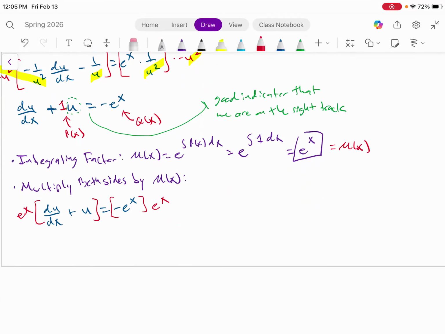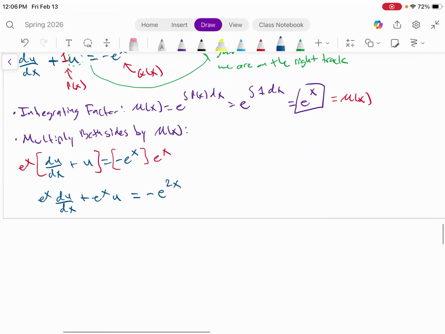And so what we are left with is e to the x du over dx plus e to the x times u equals negative e to the 2x. And so this is what we're left with after multiplying by the integrating factor.